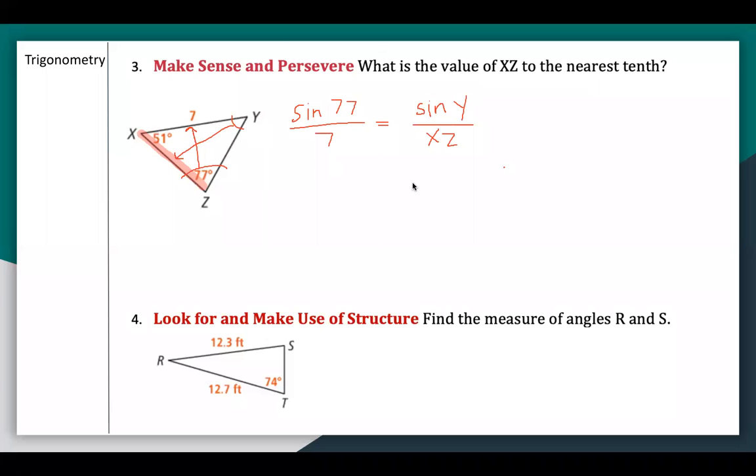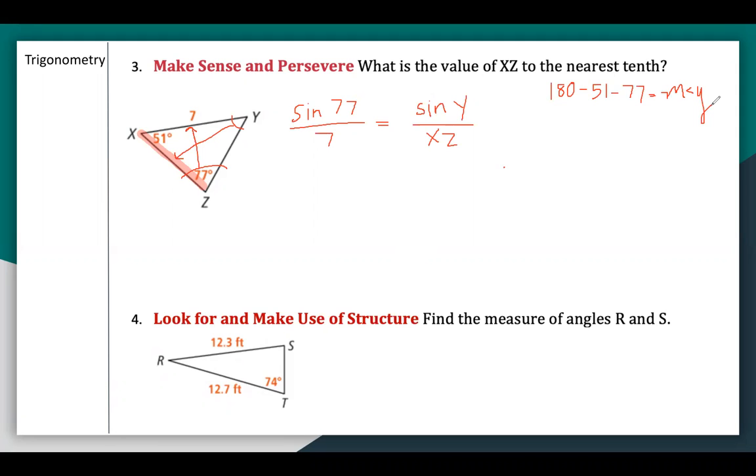That all stems back to the fact that the 3 angles in a triangle add up to 180. So the last angle, angle y, is equal to 180 minus 51 minus 77.